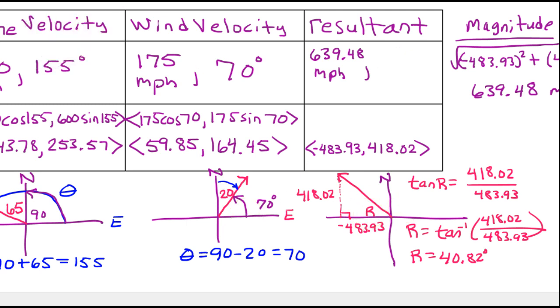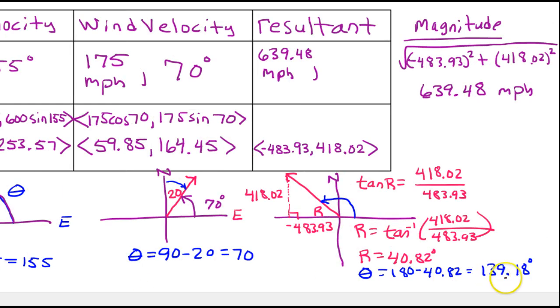So what I actually need, the direction, which I call theta, has to be the angle that's measured from the positive x-axis, counterclockwise from east. So what I need to do is subtract from 180. I was on my way to 180, but I had to stop short by a value of R. So it's going to be 180 minus R. So I have to do 180 minus the 40.82.